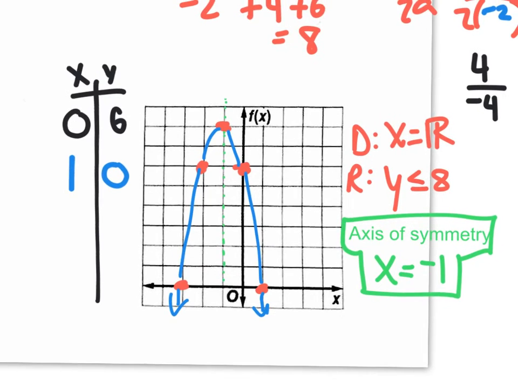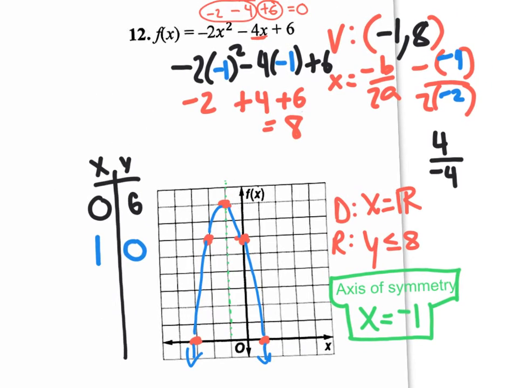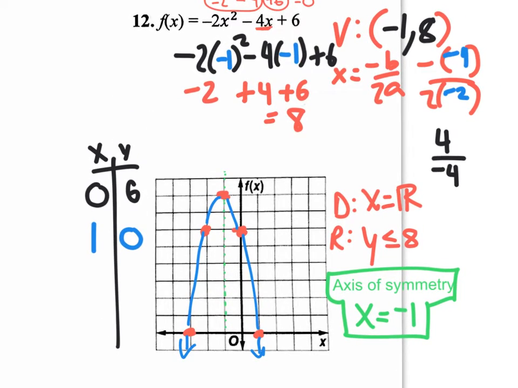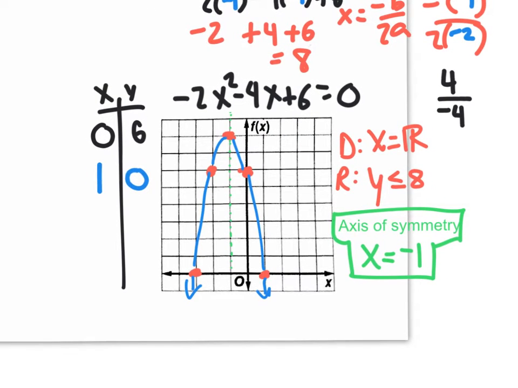If this quadratic equation, negative 2x squared minus 4x plus 6, were equal to 0, and I asked you to solve it, you could also solve by graphing, because the answers to a quadratic equation will be the x-intercepts of that quadratic equation.